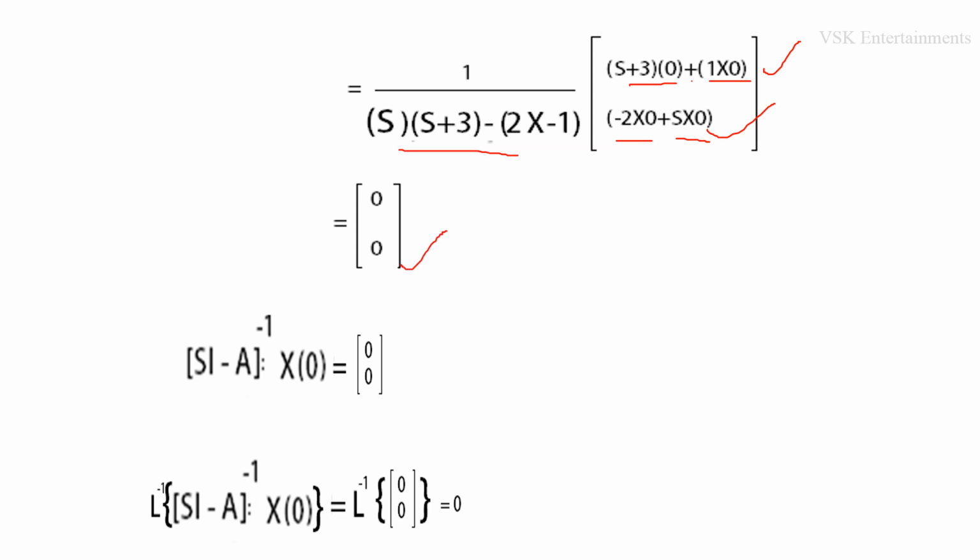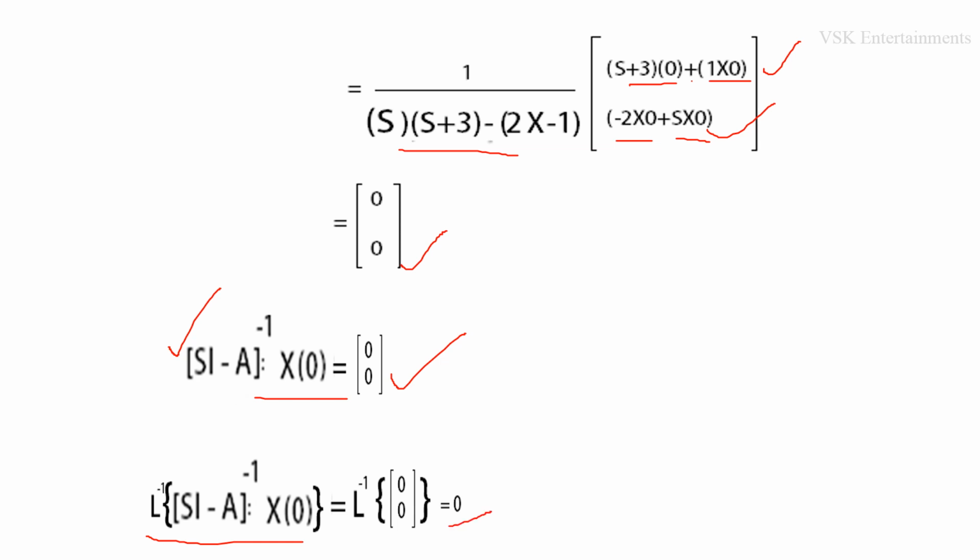That is (sI − A) inverse into x of 0, we get the null matrix. Now we apply the inverse Laplace transform of this to get the ZIR, and the ZIR value is 0.